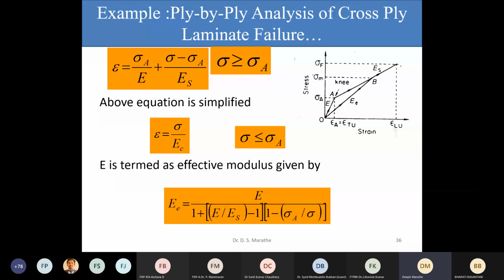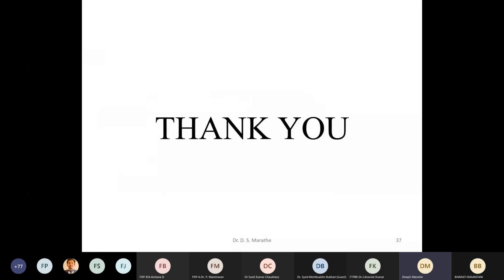This is the modulus when 90 degrees plies broke off. This is the stress at the knee, not minus, but divided by the stress at failure. So this is an example of ply by ply analysis of a cross ply laminate, and this can be carried out, and this can be measured by a normal tensile test carried out on the lamina. So here I end my lecture.